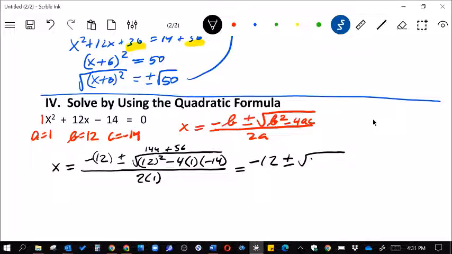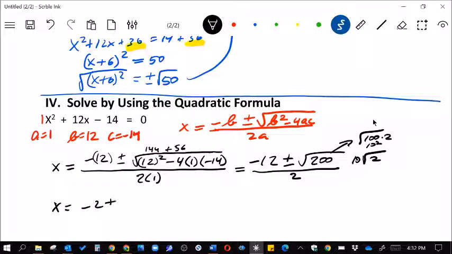That is 200 over 2. Well, the square root of 200 is 100 times 2, and that's 10 squared, so that's actually 10 root 2. So x is equal to negative 12 plus or minus 10 root 2 over 2.